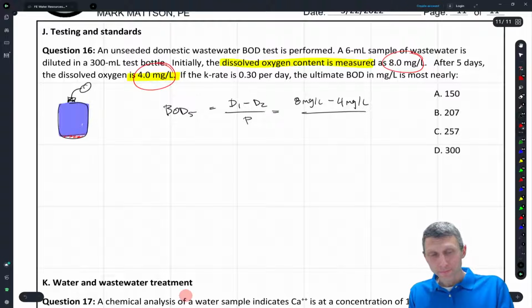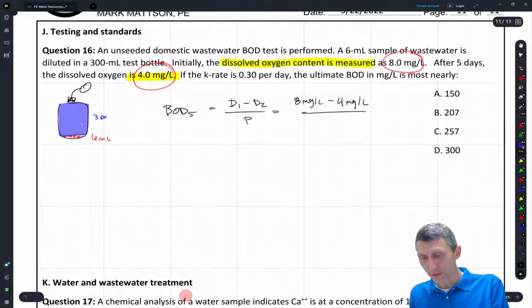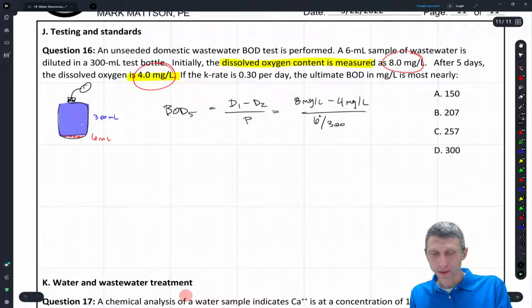In this one we have 6 milliliters of the wastewater and a 300 milliliter bottle. So we take 6 divided by 300. We could keep our milliliters in here for unit consistency, but that gives us our BOD 5 of, I think, 200 milligrams per liter.